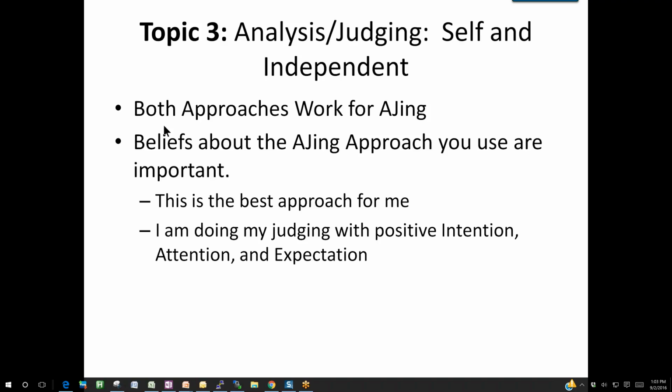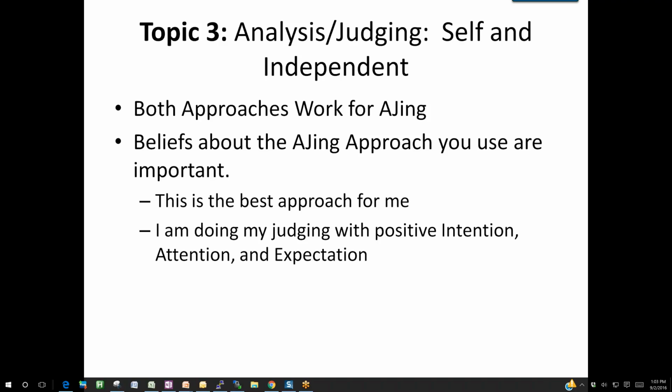It's absolutely clear to me that both approaches work. And I think belief systems about the use of analysis judging, AJing, are important. I believe if Joe were to actually try to do self-judging, he probably would not do it well because deep in him, he doesn't believe it'll work well.